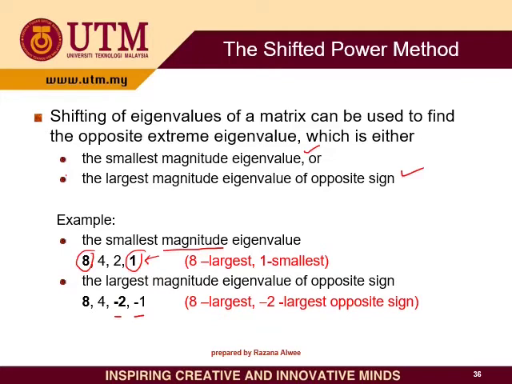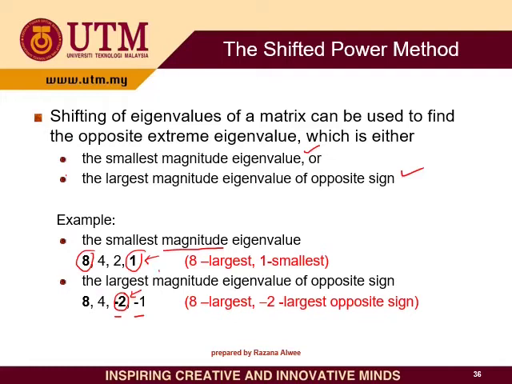Is it -1 or -2? It is -2. By using the shifted power method, you can find -2 because its magnitude is the biggest compared to -1. Magnitude is 2 compared to 1.